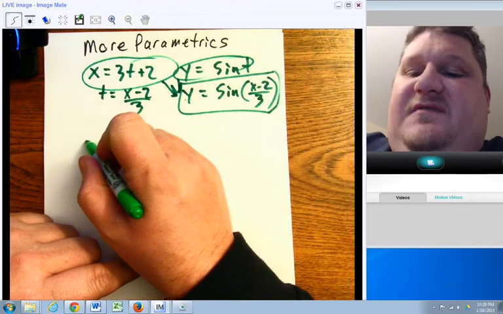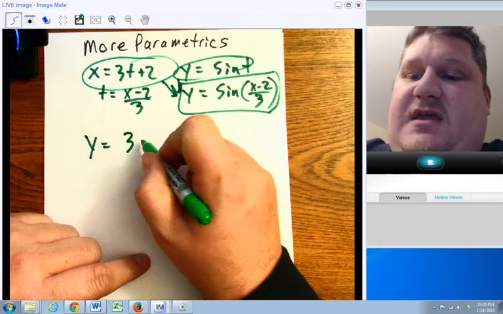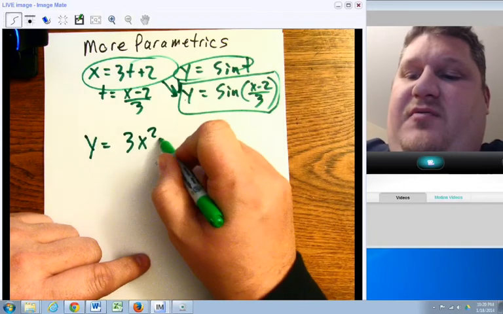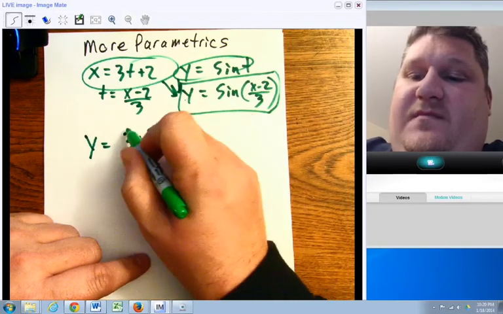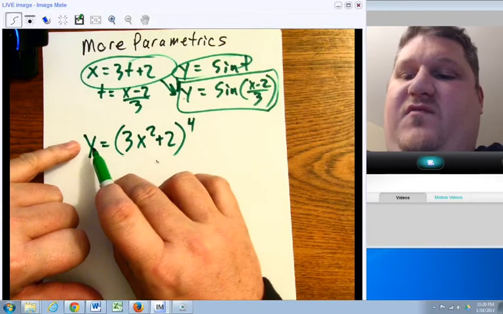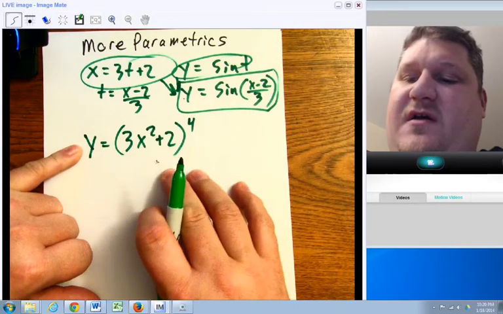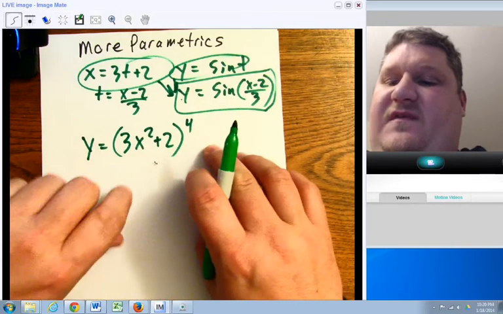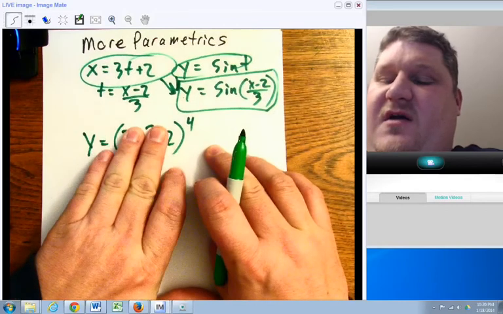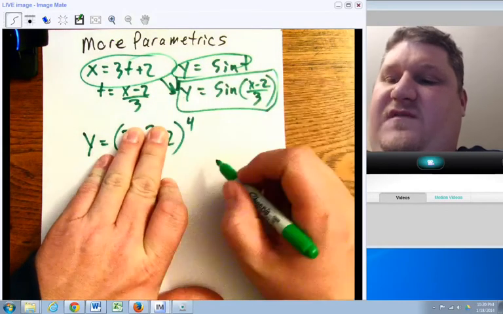If I have, say, y equals 3x squared plus 2 to the fourth power. That is an equation of y with respect to x, but it looks as if we have a couple things going on here. We have something raised to the fourth power. So this is kind of one equation going on.